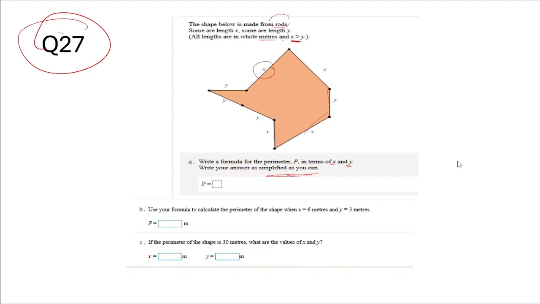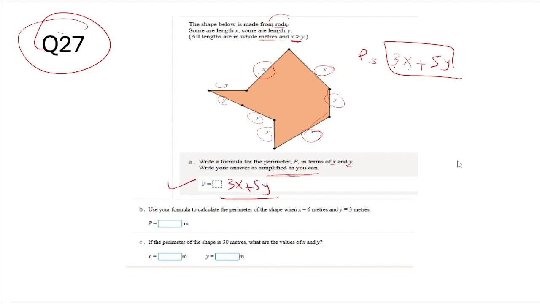We have 1, 2, 3. So that means it will be 3x plus how many y? 1, 2, 3, 4, 5. So it will be plus 5y. So the perimeter will be 3x plus 5y. So here will be 3x plus 5y. So this answers question number A.